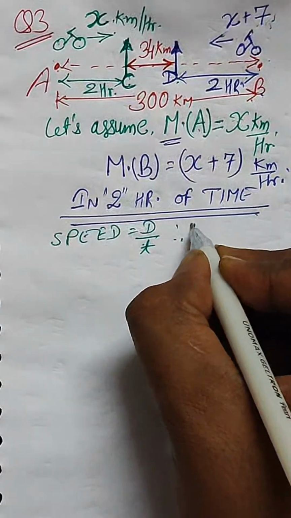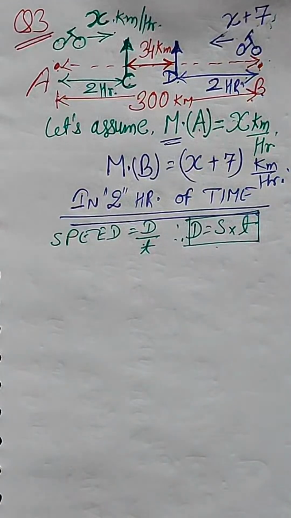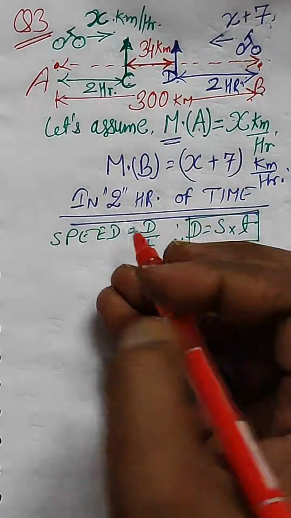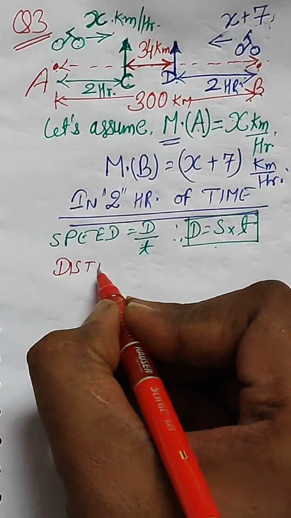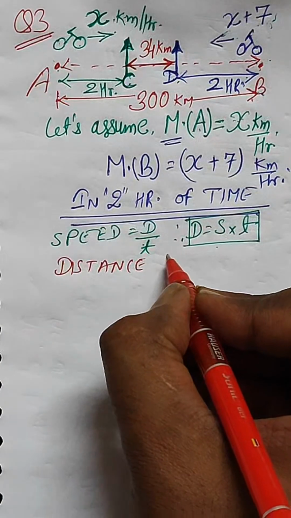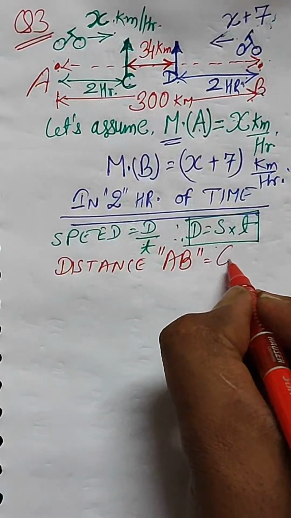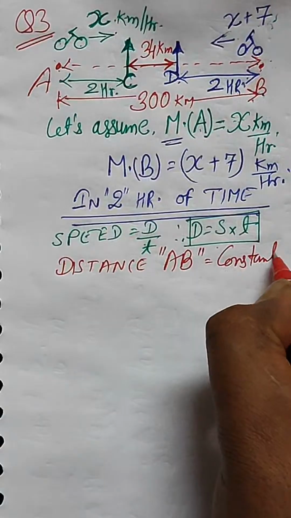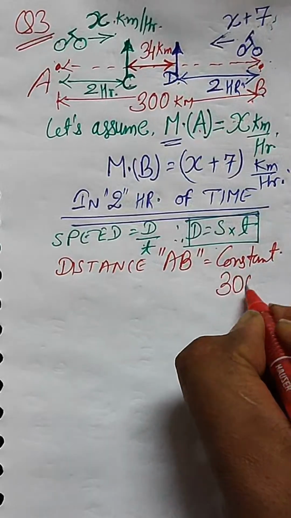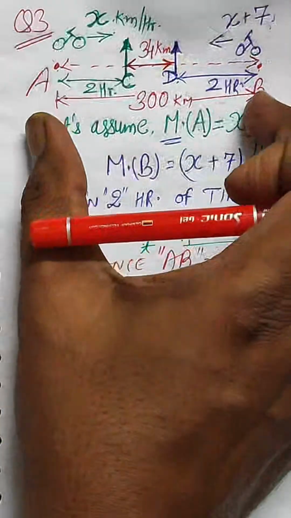So can we write distance as equal to speed into time? If so, then this entire distance AB will be constant, and that is equal to 300 kilometer, because it is given to you in the question.